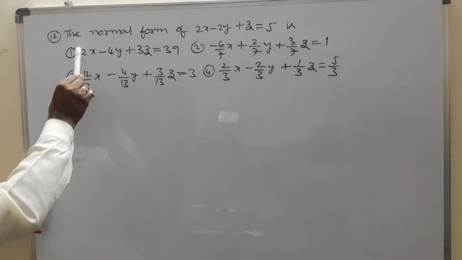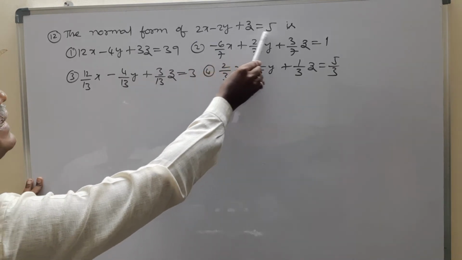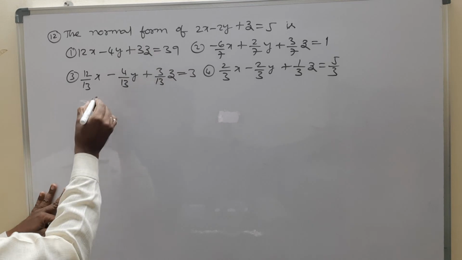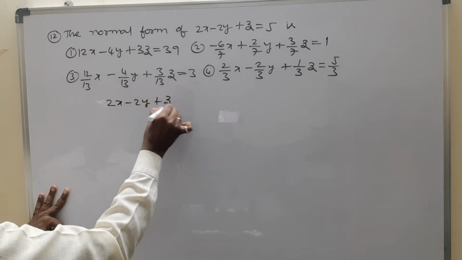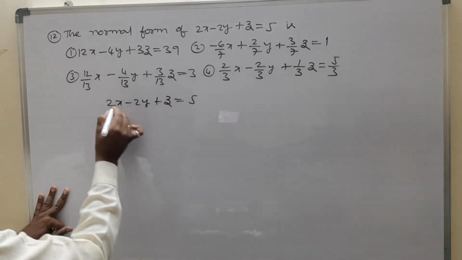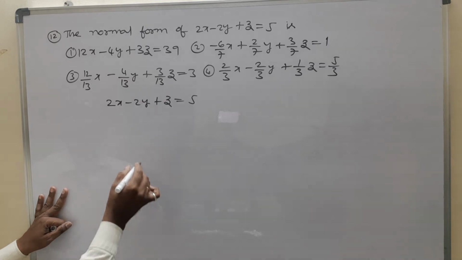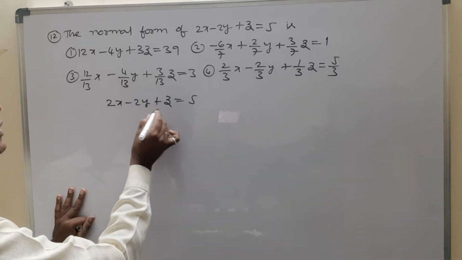Question number 12. The normal form of 2x minus 2y plus z equal to 5. Here the four options are given. This is the equation of the plane 2x minus 2y plus z equal to 5. Here the x coefficient is 2, the y coefficient is minus 2, the z coefficient is 1. In the normal form, divide by root of a square plus b square plus c square.